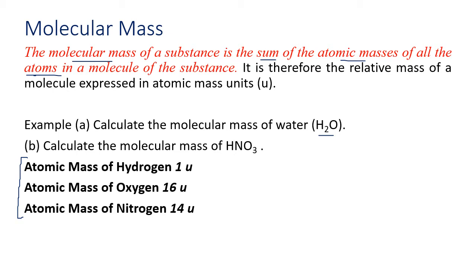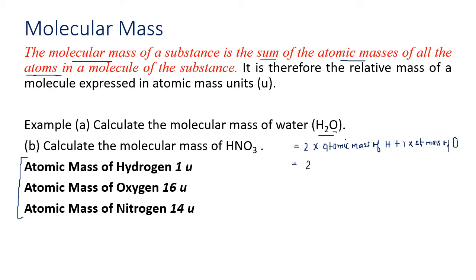What is the molecular mass of water? What is water made up of? Two atoms of hydrogen and one atom of oxygen. So the molecular mass should be 2 into the atomic mass of hydrogen plus 1 into the atomic mass of oxygen.